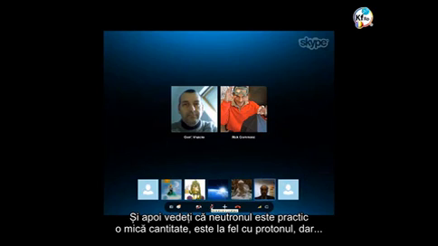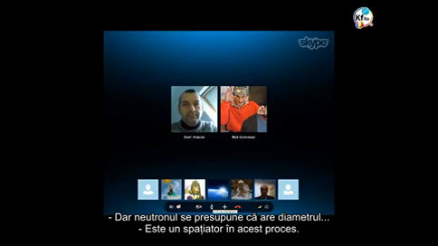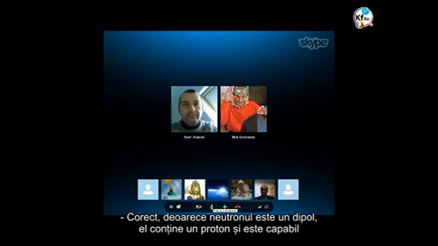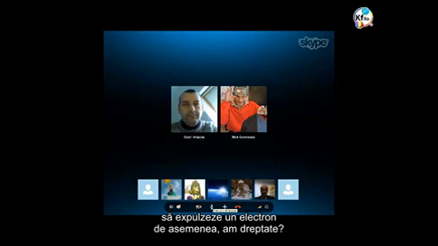And then you see that the neutron is literally, with a small amount, the same as a proton. But the neutron is supposedly a balancer. It plays a gapper in the process. Right, because the neutron's a dipole, so it's holding in protons and able to expel the electron as well. Is that right?